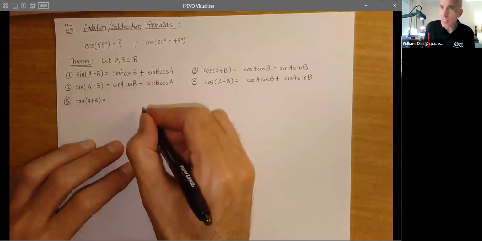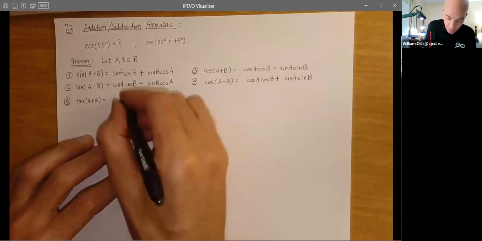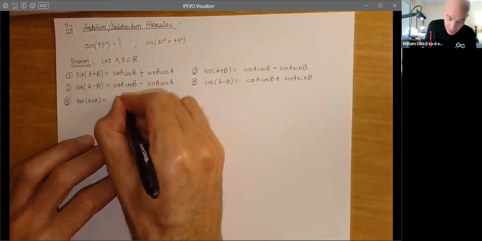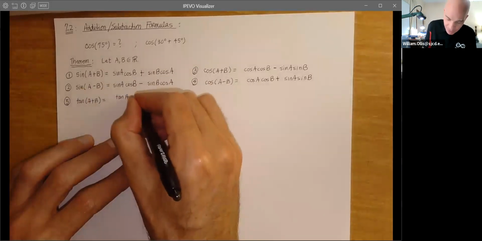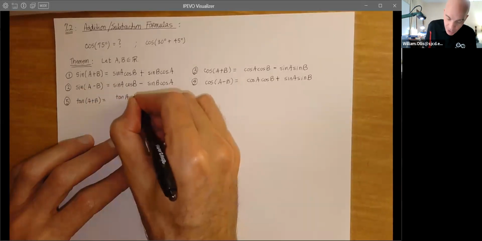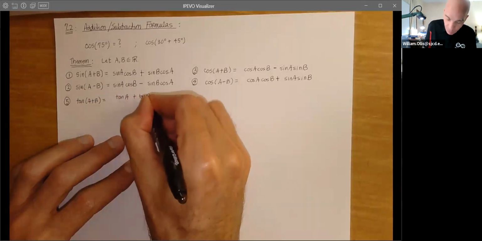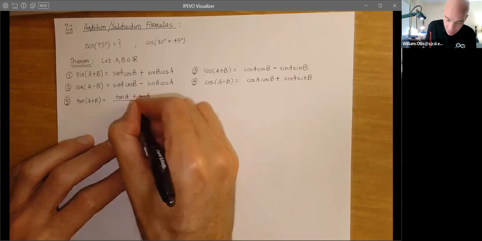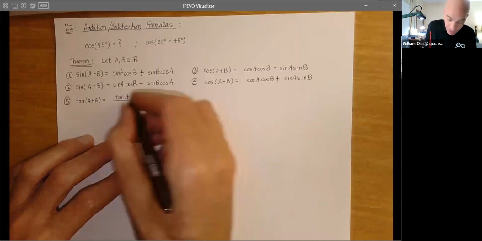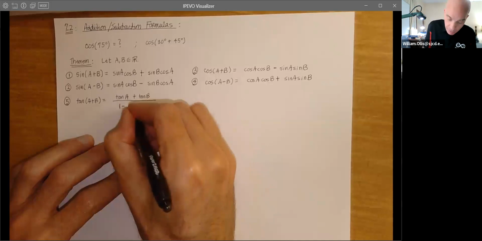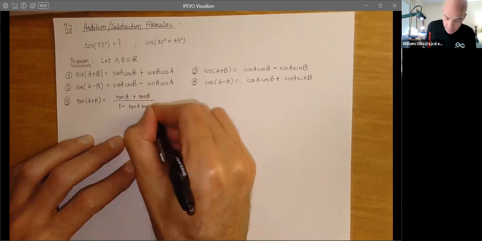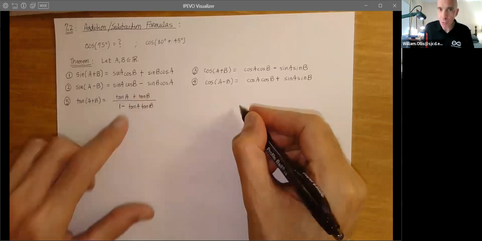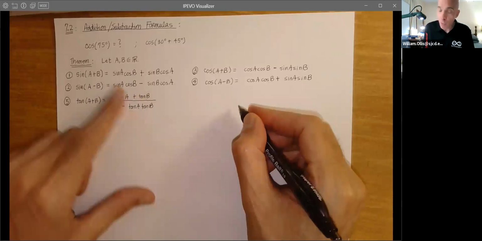And this one actually is probably the easiest to remember. It's tangent A. It starts out like it looks to be additive, but it's not. Tangent A plus tangent B. That part's easy to remember. We wish they were all that easy. But then in the denominator, we get 1 minus the product of tangent A and tangent B. So again, that'll be easy to derive knowing 1 through 4.